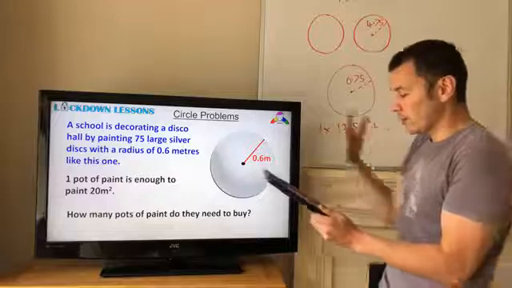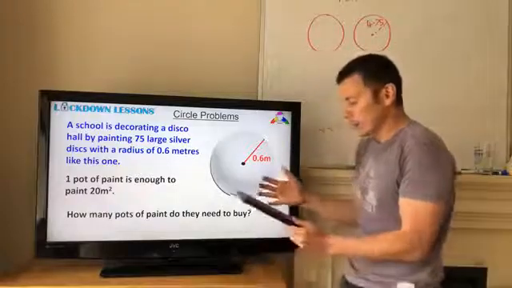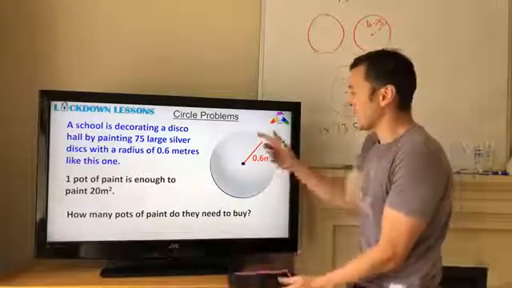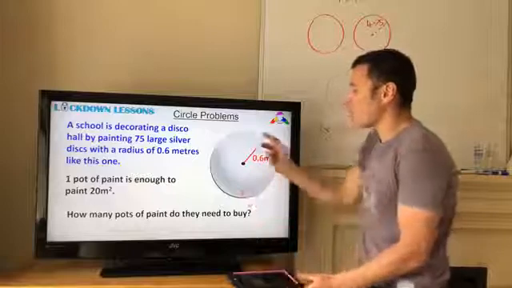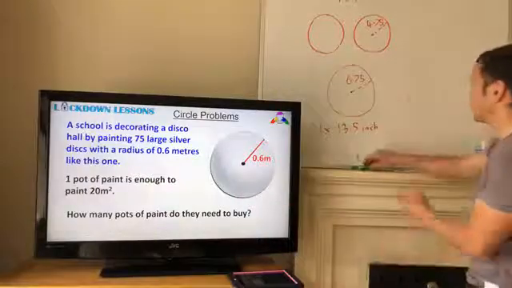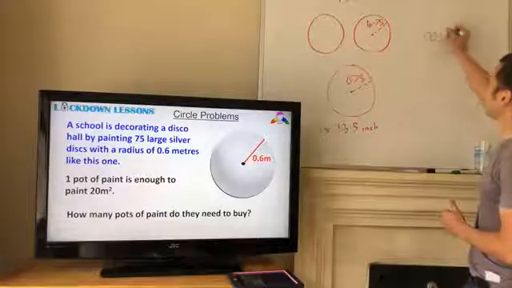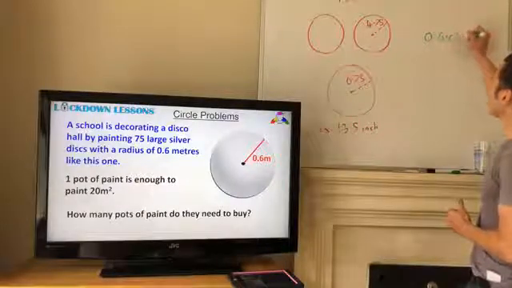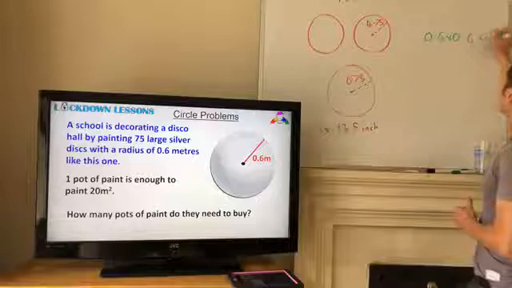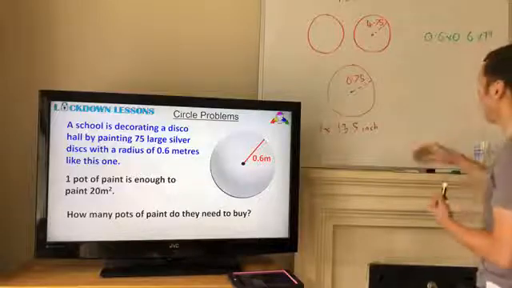Okay, so if we're talking about painting something, we are definitely talking about the area. So you want to find the area of one of these discs. So just ignore that. So one of those discs, the area, is going to be 0.6 times 0.6 times 3.142.